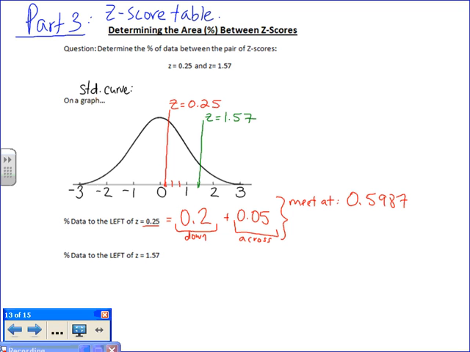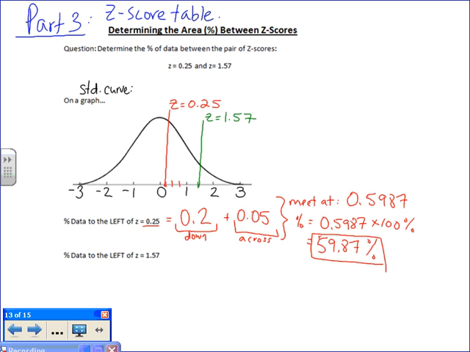Perfect. If I wanted to figure out what that value is as a percentage, I multiply it by 100%. So I take 0.5987 times 100%, and that's going to give me 59.87% of my data is to the left of this z-score, 0.25.